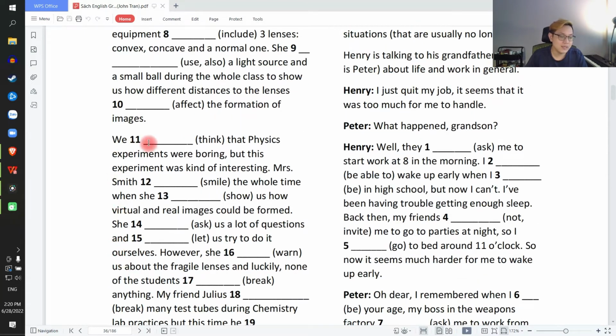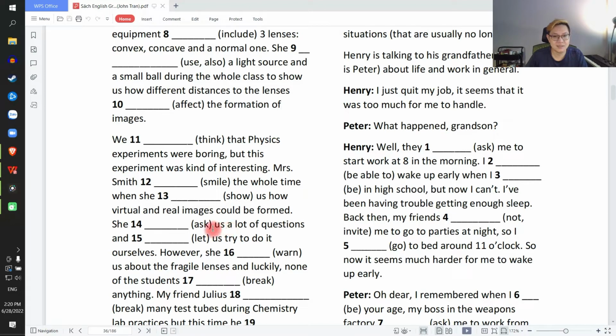We thought, or we used to think, that physics experiments were boring, but this experiment was kind of interesting. Mrs. Smith was smiling the whole time when she was showing us how virtual and real images could be formed.